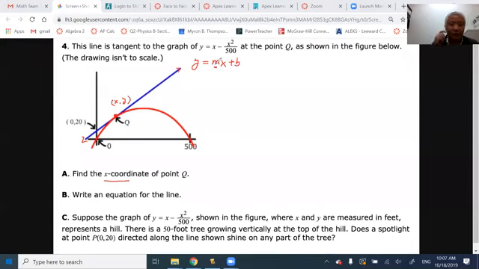But we do know the y-intercept. The y-intercept equals what? 20 from here. X equals 0 here, so the y-intercept is 20. So the blue tangent line is y equals mx plus 20. But we still do not know the m yet.